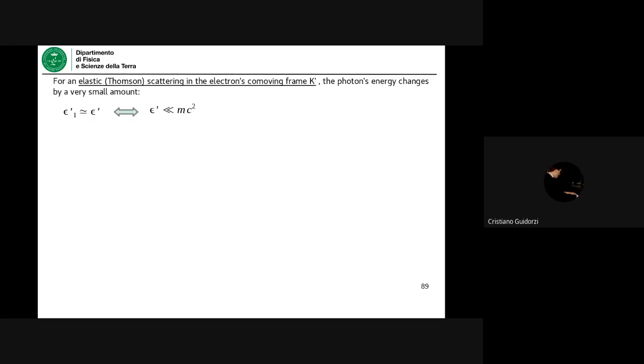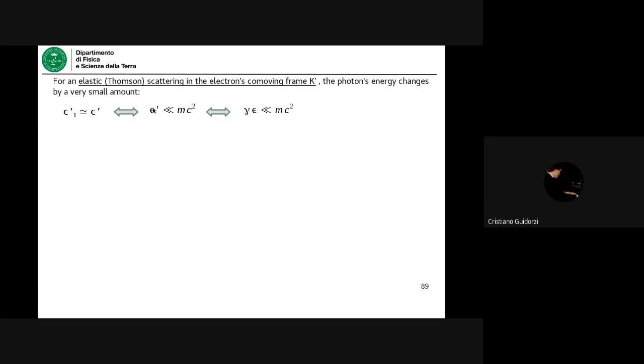Well, that means inevitably that the initial energy of the photon in the comoving frame, epsilon 1, has to be negligible with respect to the rest energy of the electron. Otherwise, you cannot have Thomson scattering. But if you remember from the previous slide, when you move from the lab frame to the comoving frame, you gain an extra factor of gamma. So let's forget about the factor 1 minus beta cos theta, but the order of magnitude when gamma is large is given by gamma. So epsilon 1 is of the order of gamma epsilon.